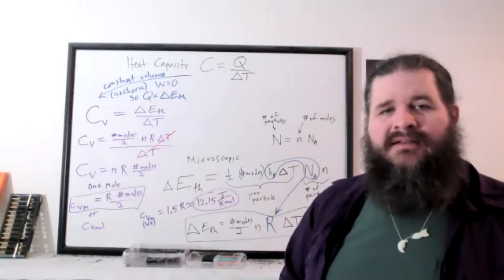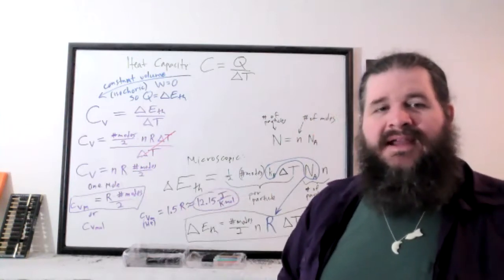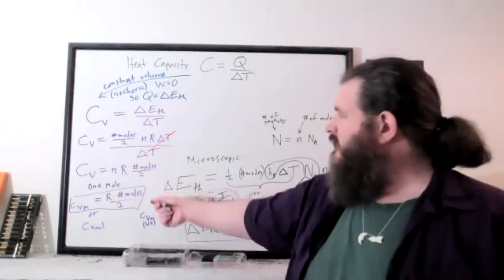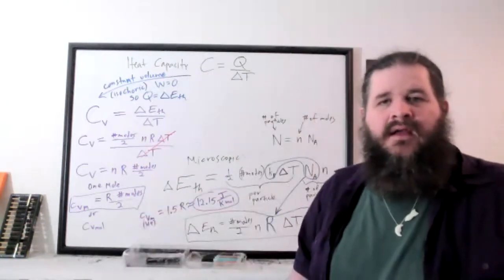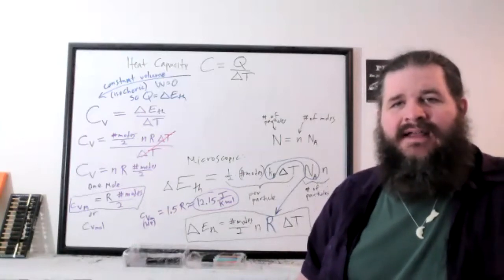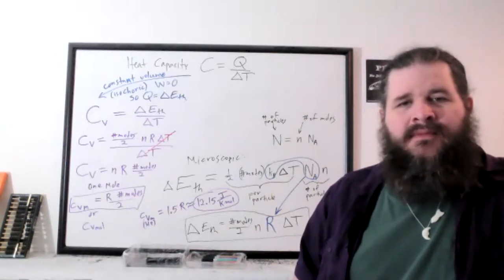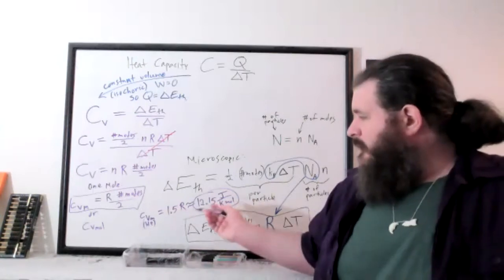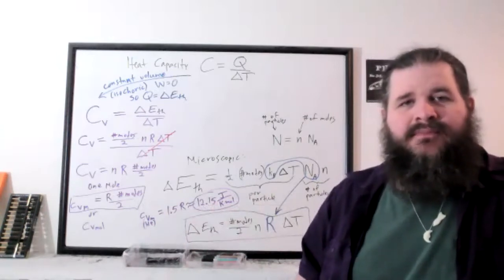And if you look that up on a data table, it should be pretty close to that value. It's not necessarily going to be exactly that value because this derivation here is making some simplifying assumptions. We're assuming this is an ideal gas that might not be entirely valid in a real world scenario, but it should be pretty close. And so that should be a pretty good approximation for any noble gas, any monoatomic gas.